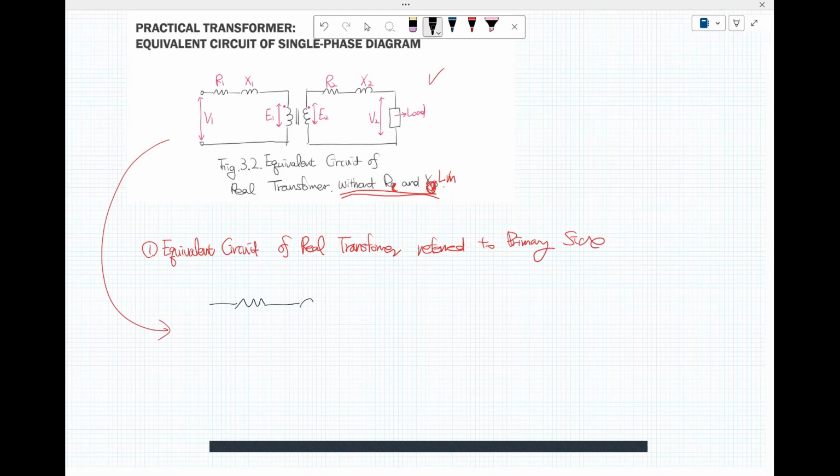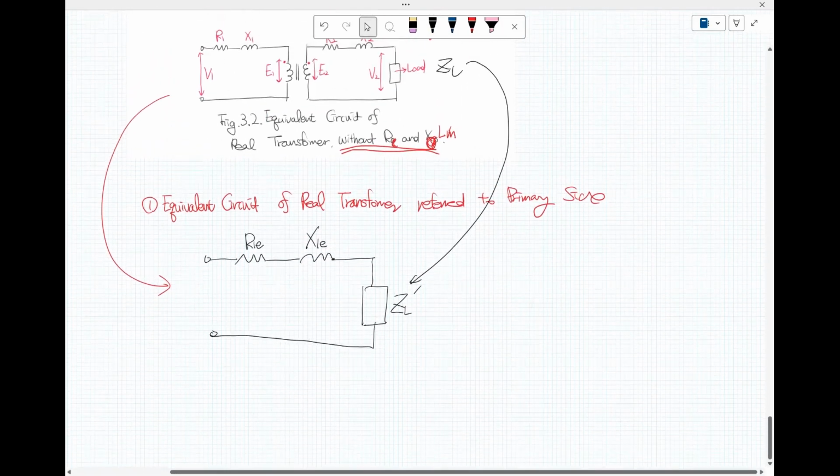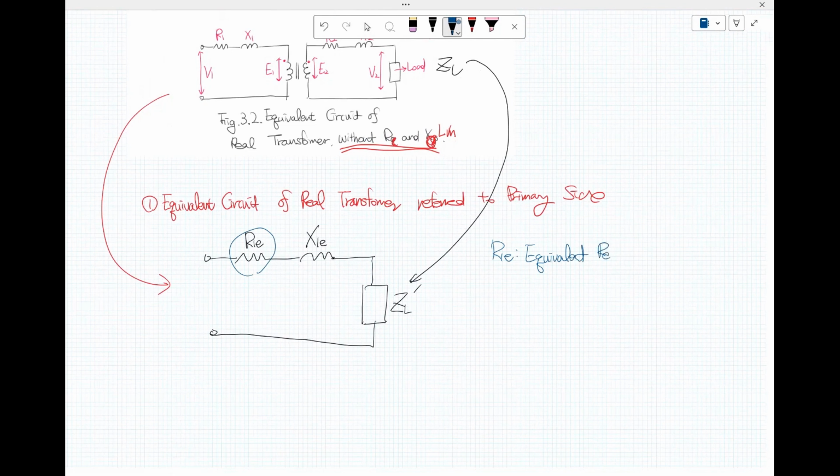This is R, this is L, this is I1. This is the equivalent resistor referred to the primary side.